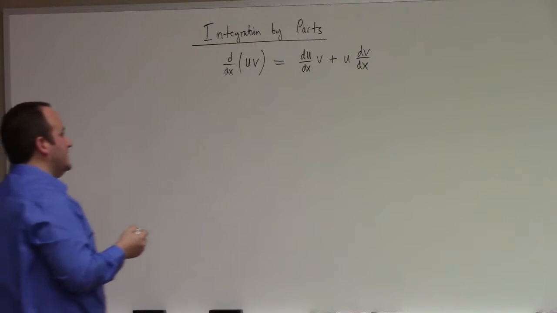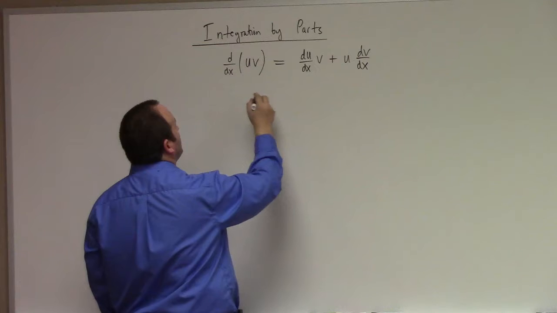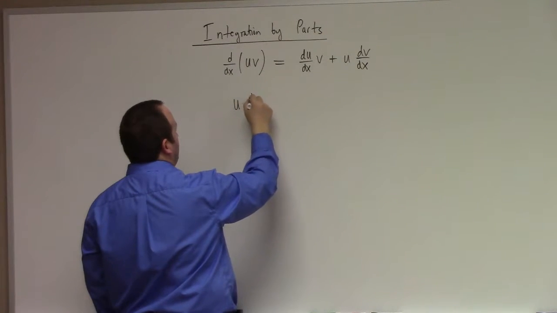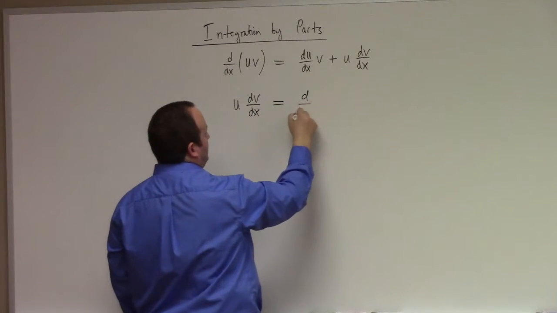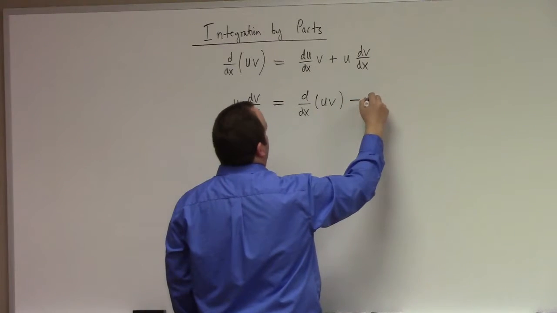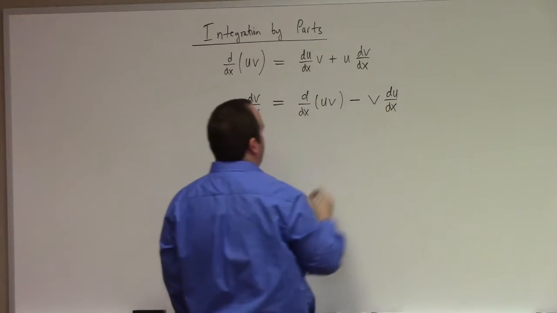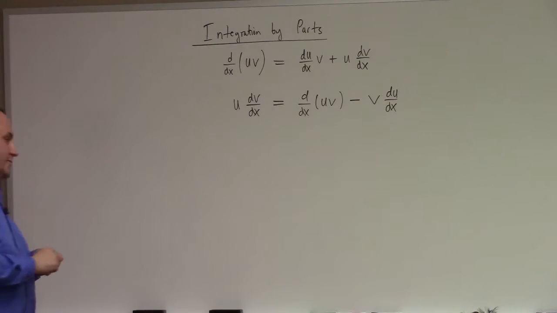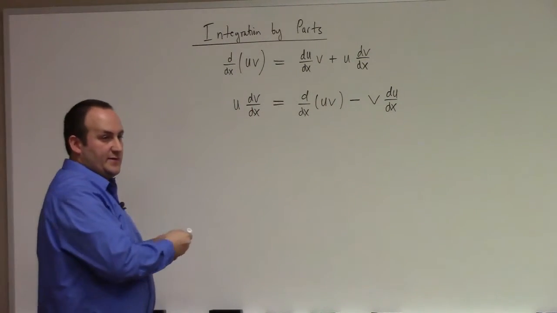And that's kind of neat if you look at this then. If we look at u dv/dx, that's equal to d/dx of u times v minus v times du/dx. Agree? And what this means is that I can integrate both sides with respect to x, right?